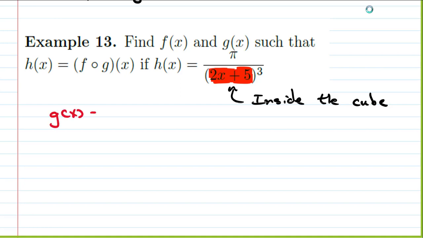So if g of x is equal to 2x plus 5, to recover my function f, I'm going to replace all instances of g of x in h with x. So pi divided by x cubed, and that would be my f of x. Because now if I replace that x in pi over x cubed with 2x plus 5, I would get exactly the function h. So I'm just running function composition backwards.